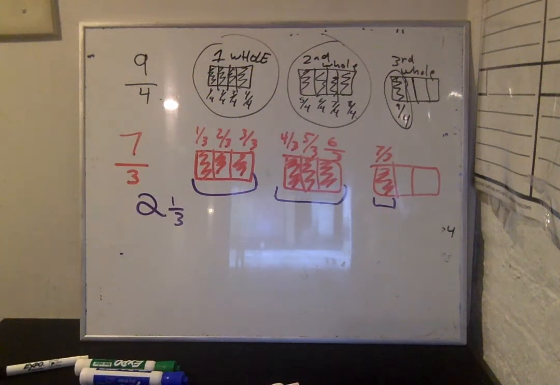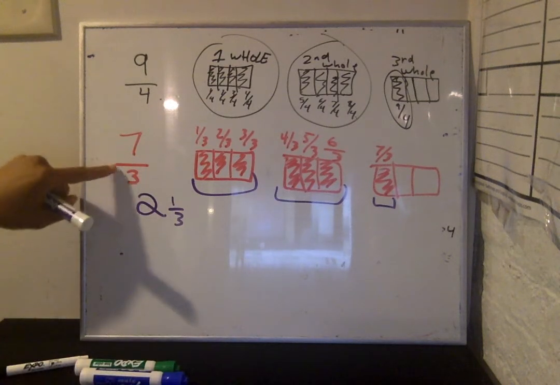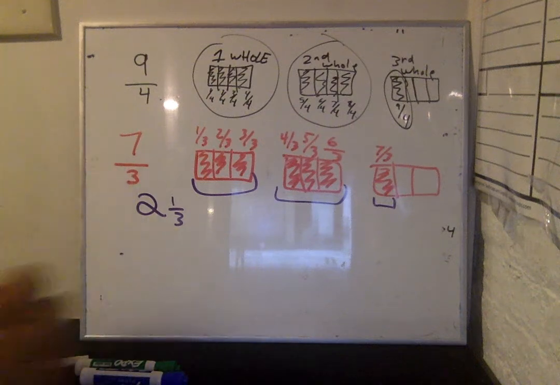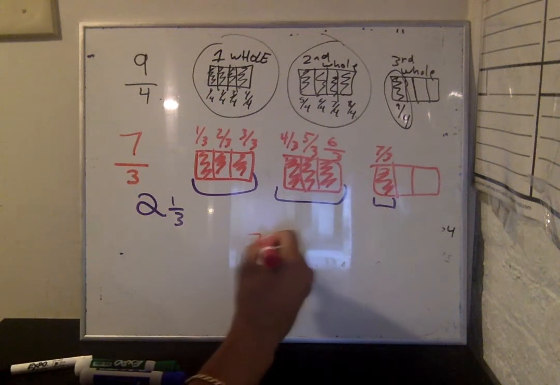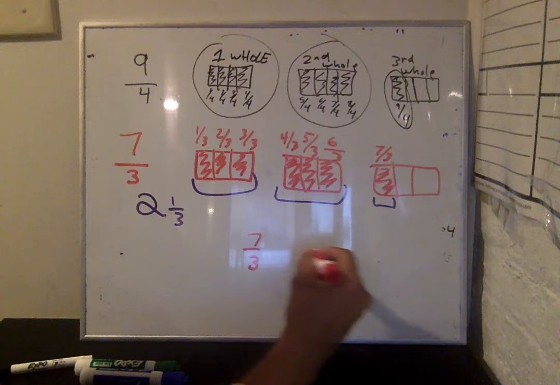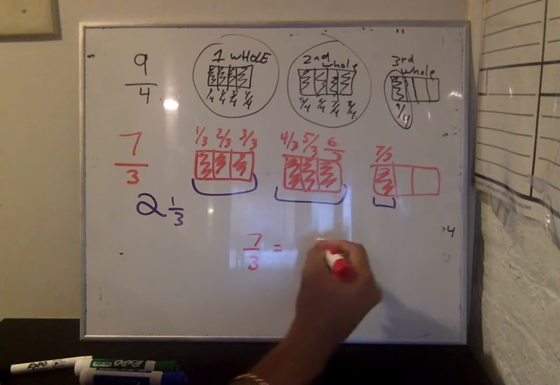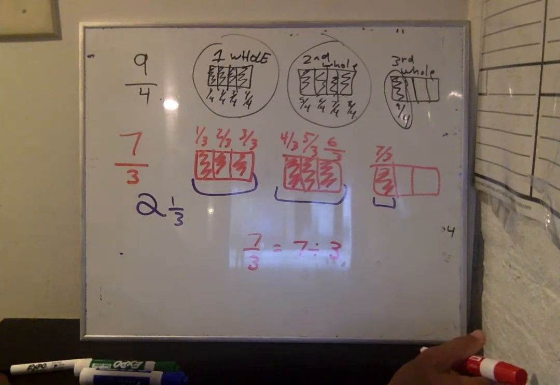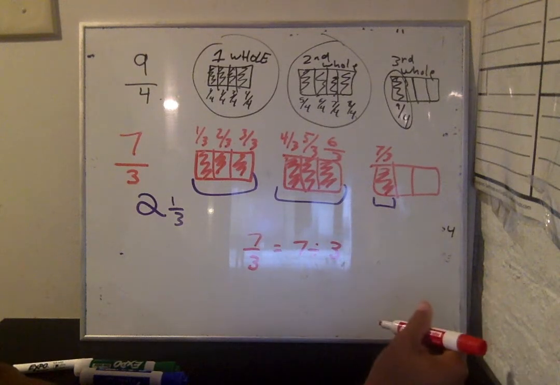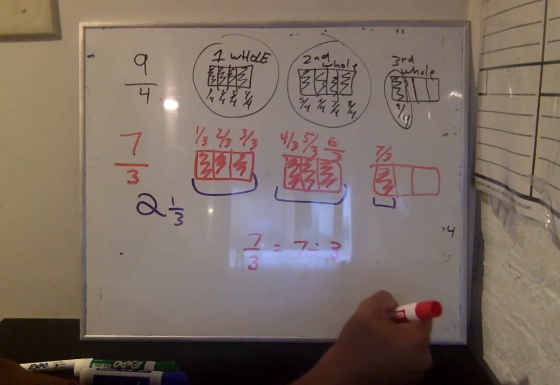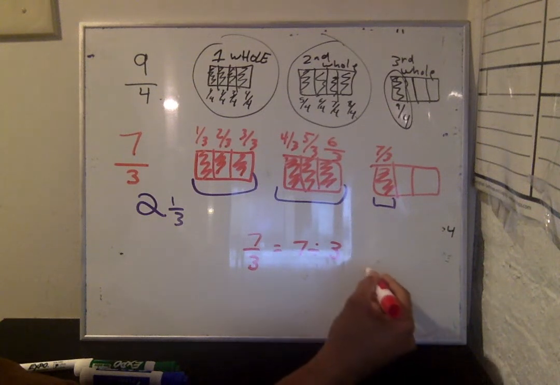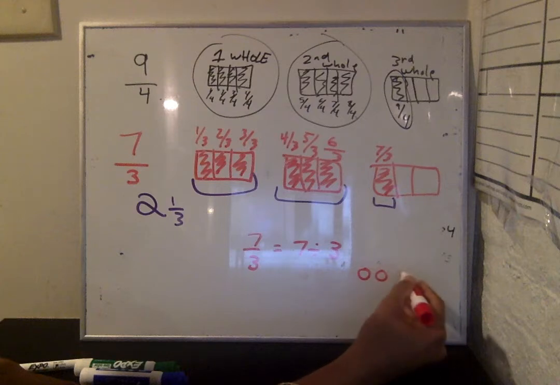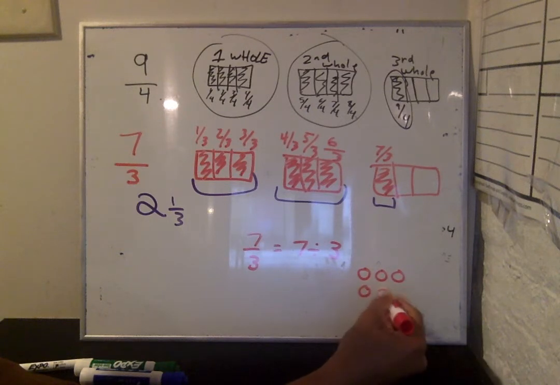Okay? If we go back to what I showed you about how improper fractions and division work, let's draw this out. So 7/3 is equal to 7 divided by 3. Now, what I'm going to do is make groups of 3. 1, 2, 3, 4, 5, 6, 7.